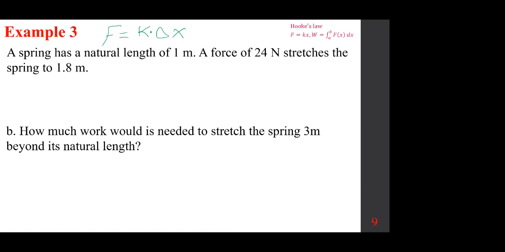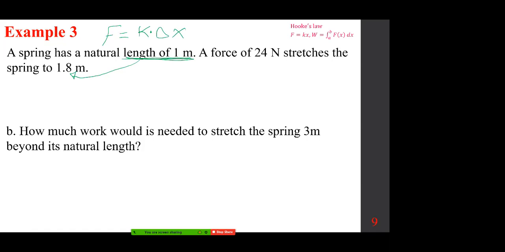And because we didn't want to mix them up, we used X. So in calculus, we use X, which is really delta X in physics, and what it refers to is the change in natural length. So what is the natural length? 1 meter. If it's 1 meter, we are in good shape. But when it changes to 1.8, now the difference between the two is 0.8, everybody.